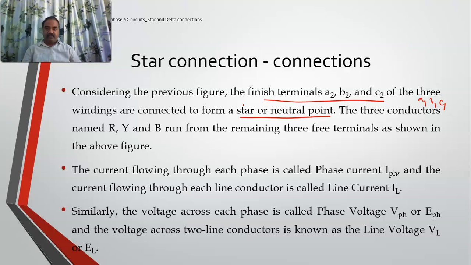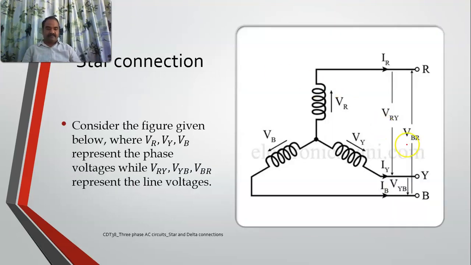Similarly, the voltage across each phase is called the phase voltage, and the voltage across two line conductors is known as the line voltage. This is the phase voltage from line to neutral, but if I take it from line to line, it is called the line voltage.